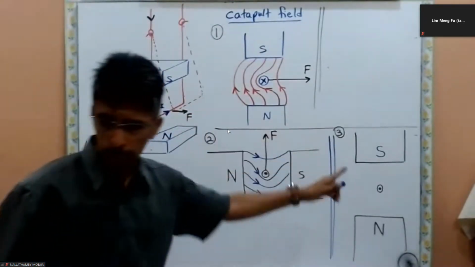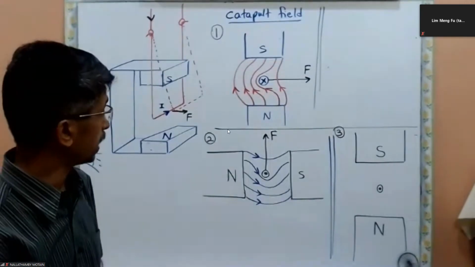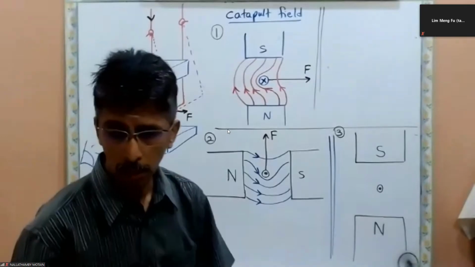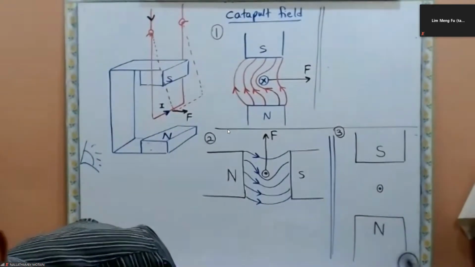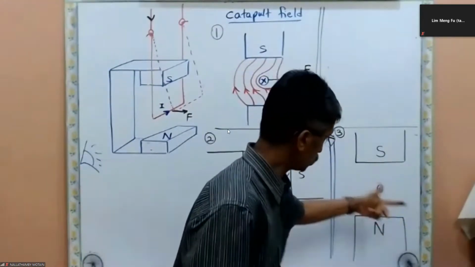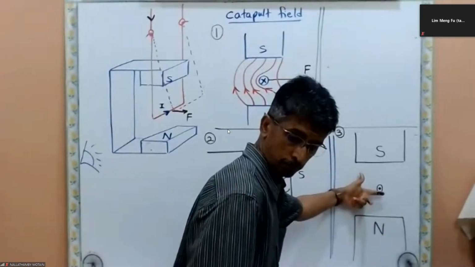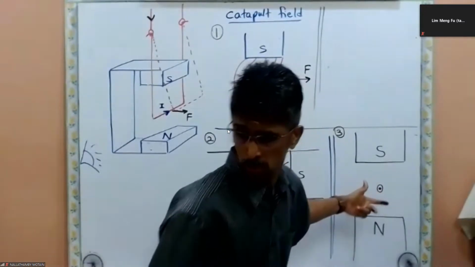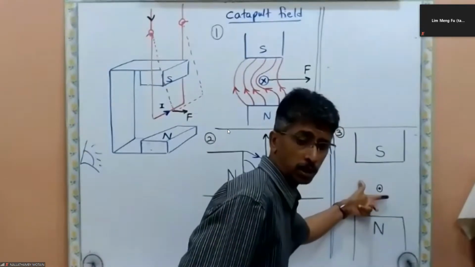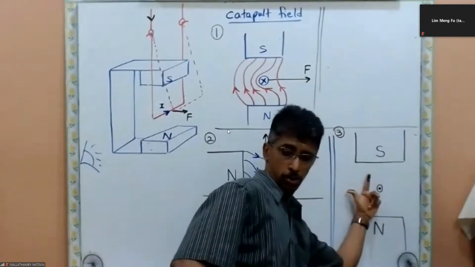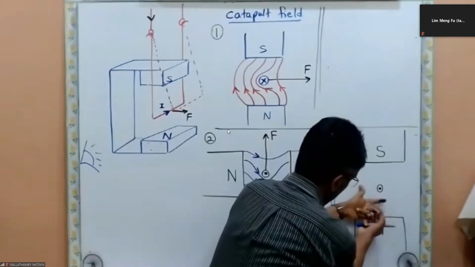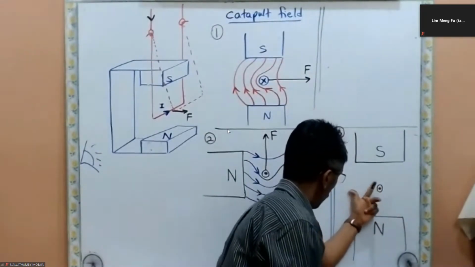Now we come to the third one. Where is the current? Current is outward, still dot. Current is out, and the magnetic field is to the south.